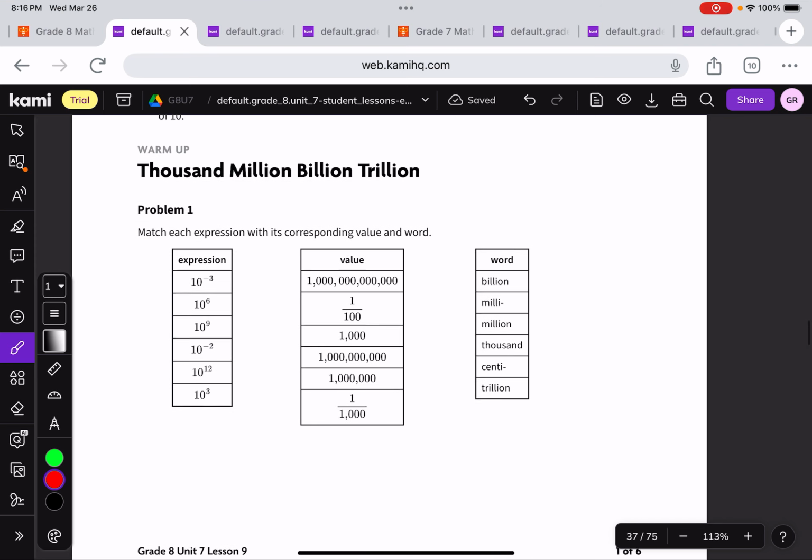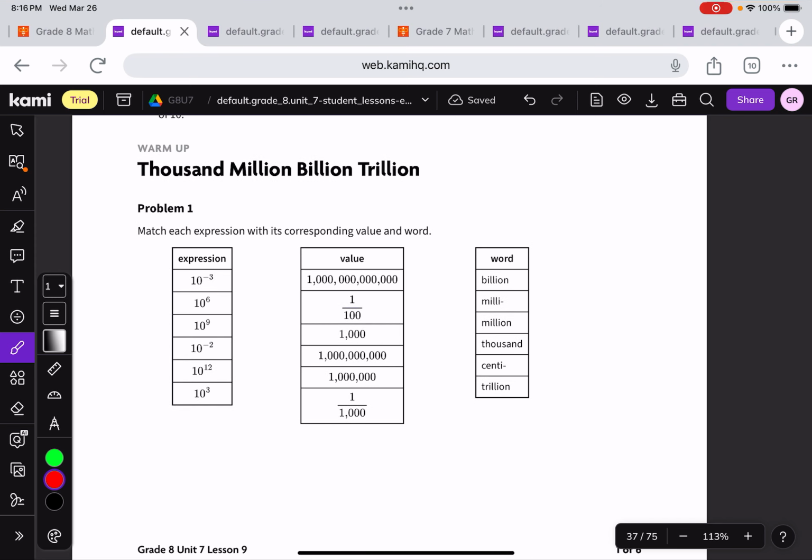This warm-up says match each expression with its corresponding value and word. It might be easiest if we start with the value and the words, because you will notice some things here, like milli and centi.